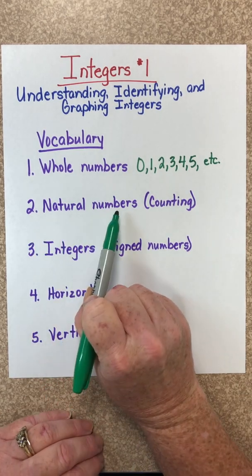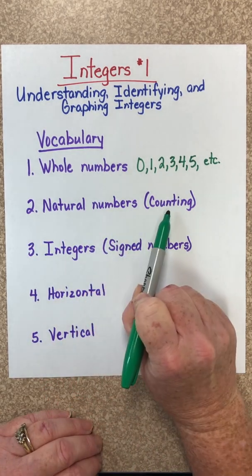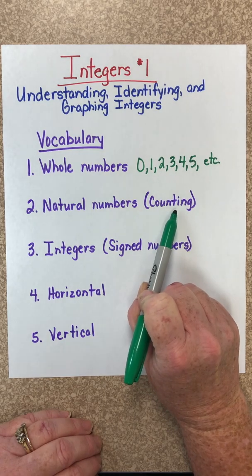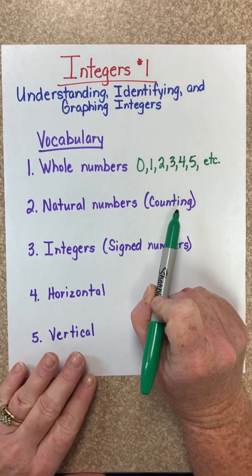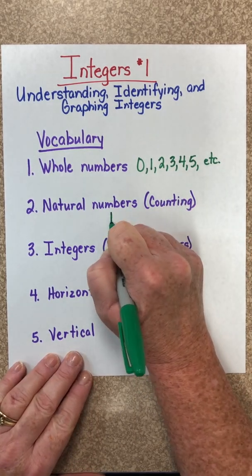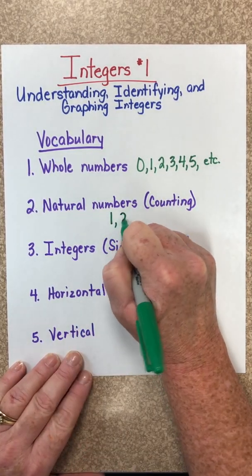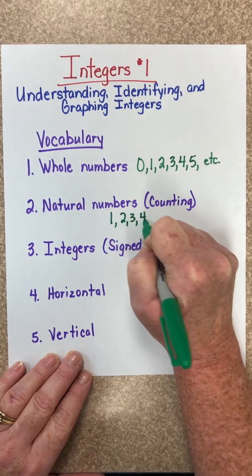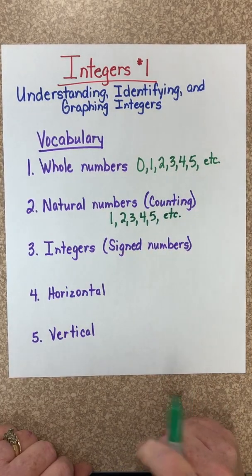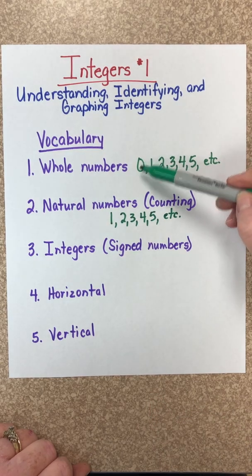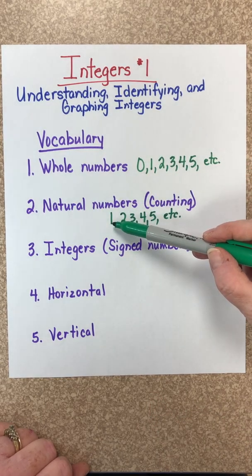Next is natural numbers. Sometimes they're also referred to as counting numbers, and that should help us remember counting numbers. What number do you start counting? We start at 1. So that's 1, 2, 3, 4, 5, and on. Notice whole numbers start at 0, natural numbers start at 1.